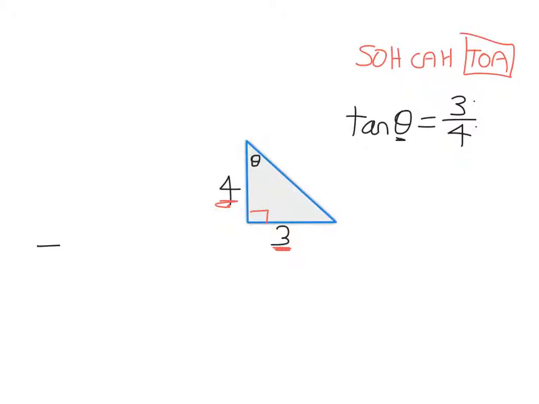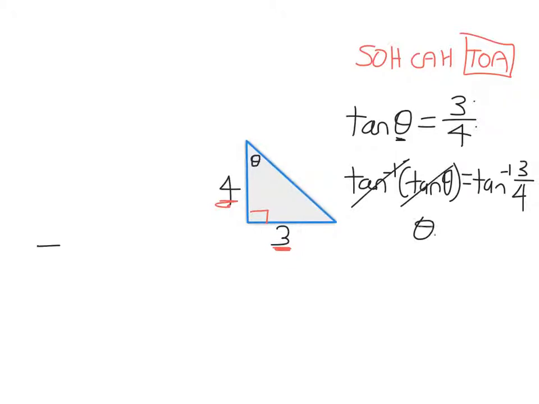There's a way I can undo taking the tan of it, and it's called the tan inverse. On most calculators, you have to press shift and tan, and it looks like this. So what I actually am essentially doing is taking the tan inverse of both sides. Tan inverse and tan undo each other, and I'm just left with theta equals tan inverse of 3 over 4.